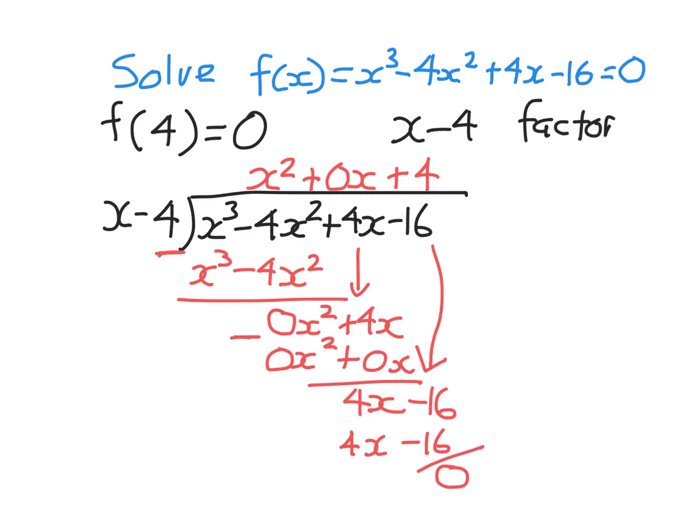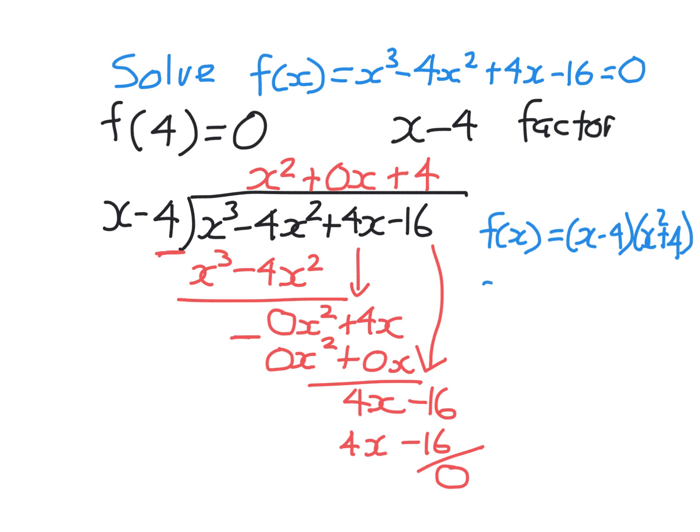So what I've actually found here is that f(x), which was my original polynomial, is equal to x minus 4 times x squared plus 4. So before we did complex numbers, we couldn't solve for that equaling 0.